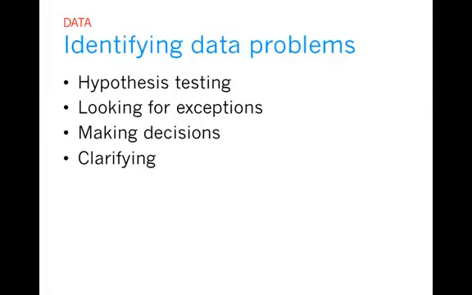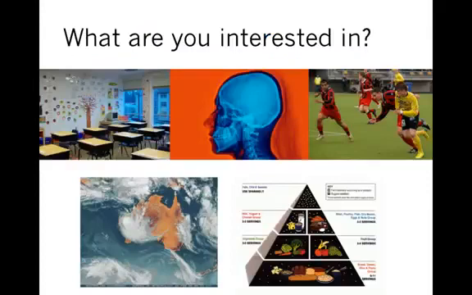This will help you make better informed decisions. And lastly, by answering the data problems, it will clarify things in your data set. There are many things you will be interested in many domains. You could use the same process to identify data problems.